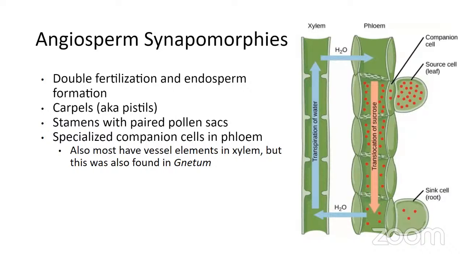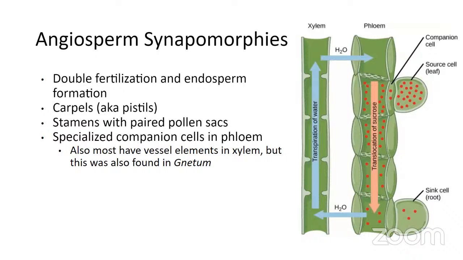So the fact that as we fertilize our egg using the pollen from the male structures, we actually have a second sperm cell that's also fertilizing the polar bodies, creating this new structure, the endosperm, that's going to nourish our growing plant. Just the fact that we have this pistil structure, this female structure with the stigma, the style, and the ovary at the bottom, that's a unique characteristic of angiosperms. We don't see that in other groups.